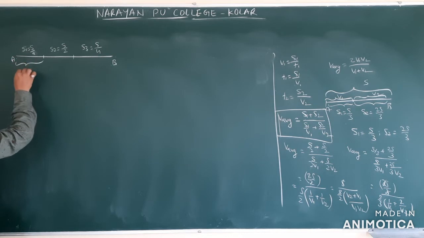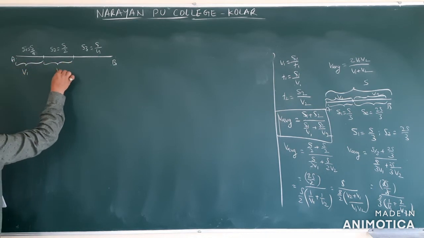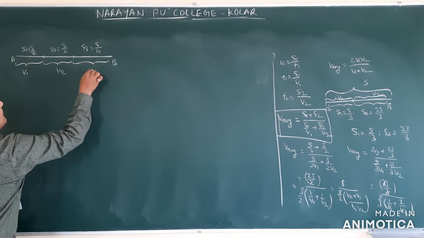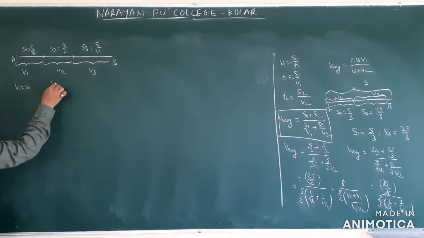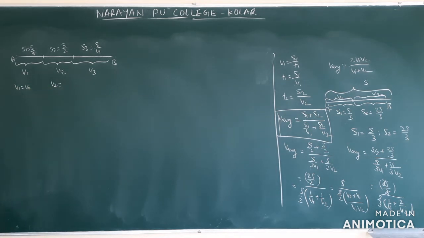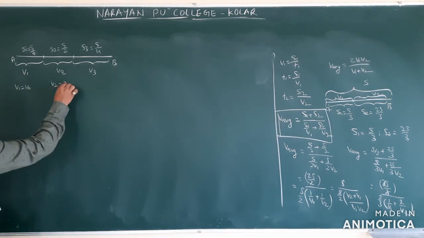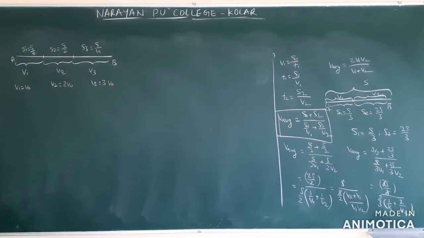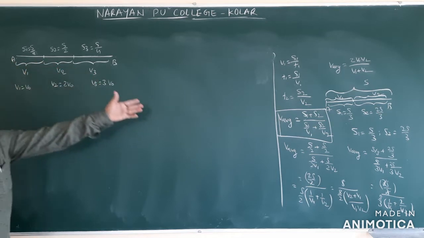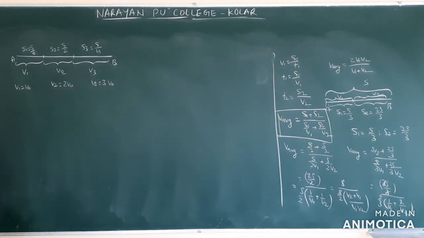Now here how many parts are there? 3 parts. First part with velocity v1, second part with velocity v2, third part with velocity v3. They gave v1 value as v0, v2 is equal to 2v0, v3 value as 3v0. But we will derive first in terms of v1, v2, v3 only. It is very easy one. So average speed, again we have to derive from s1 plus s2 by t1 plus t2.